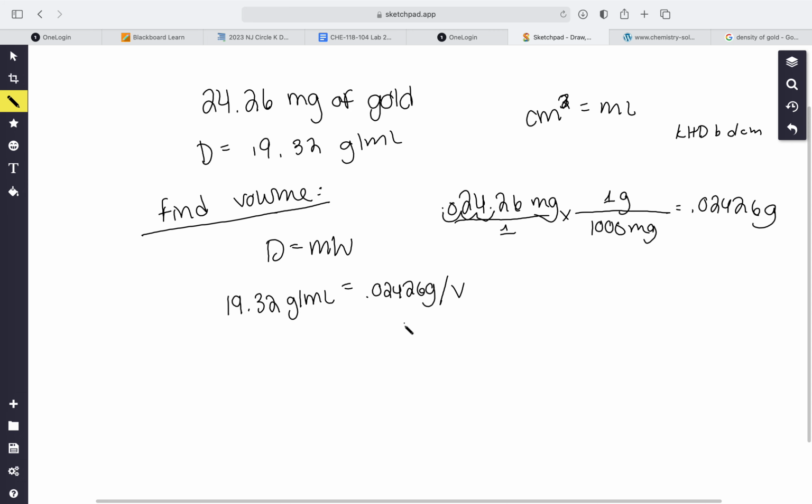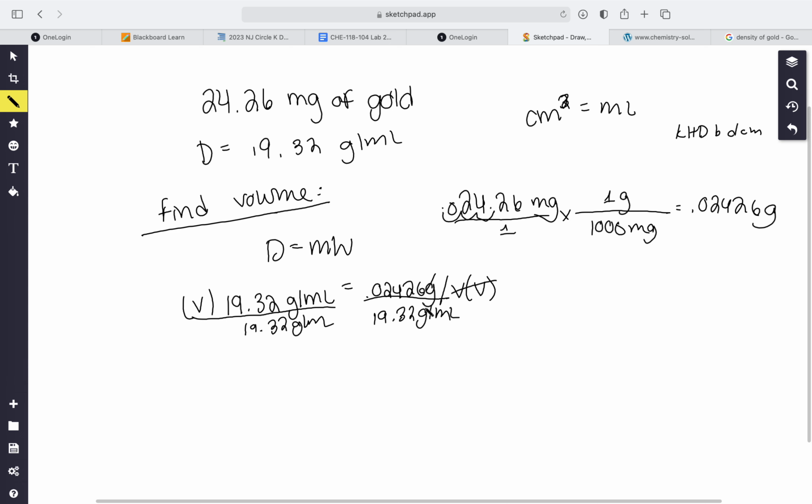And you're pretty much just going to do what you would do in Algebra 1 or 2. So you get that, and then we're going to divide all of this by 19.32 grams per milliliter.